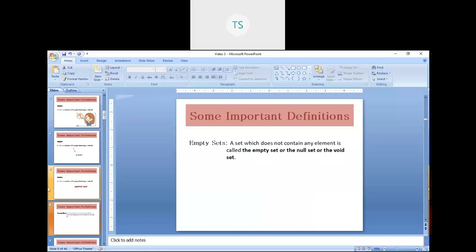Sometimes it is called an empty set, or some may call it a null set, or sometimes it is known as a void set. These three names represent the same set. The empty set means a set which does not contain any element. Okay, are you clear? All of you clear about the empty set?